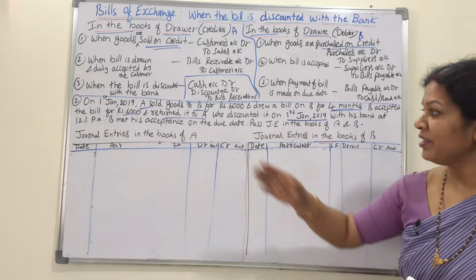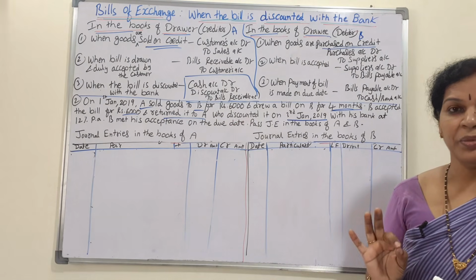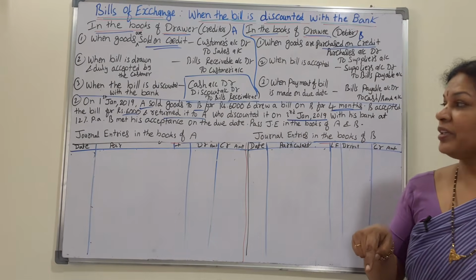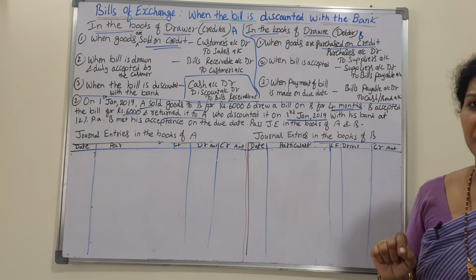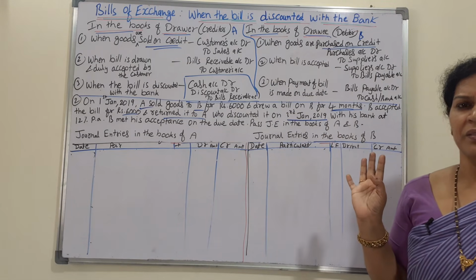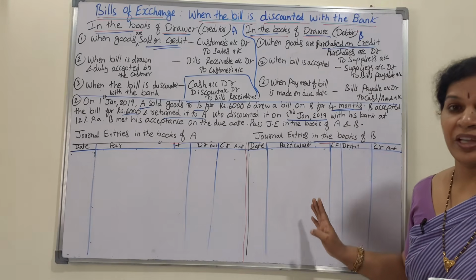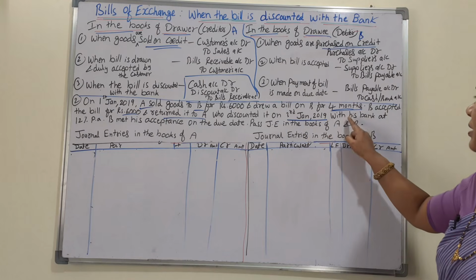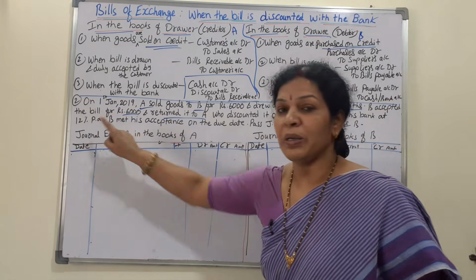Same month, January 1st he returned the bill, and January 3rd he is discounting it. Actually the bill is 4 months, so we have to calculate 4 months. So this is on 3rd January 2019 with his bank at 12% per annum.